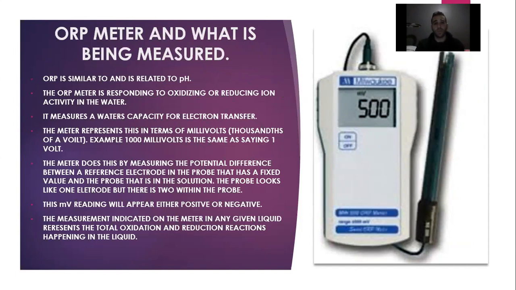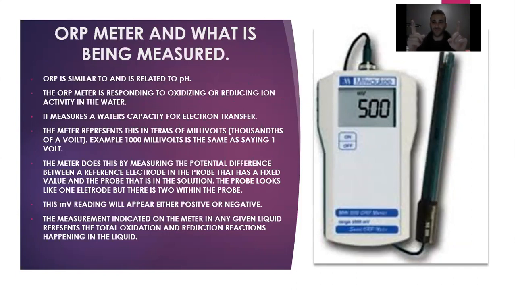So when the probe is in the liquid, if you're reading a negative reading, so the substance is showing that it has a negative ORP, what is happening is electrons are being transferred to the probe. Between the two, this one's more negative than this one.